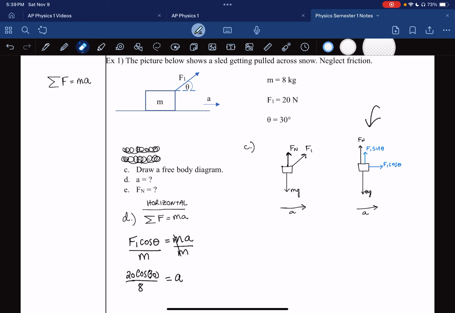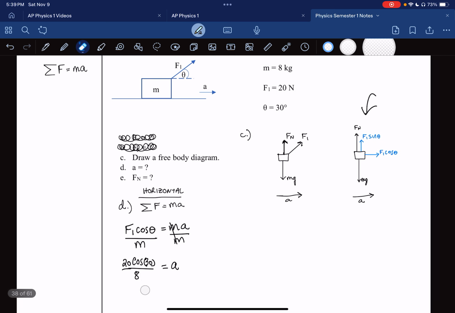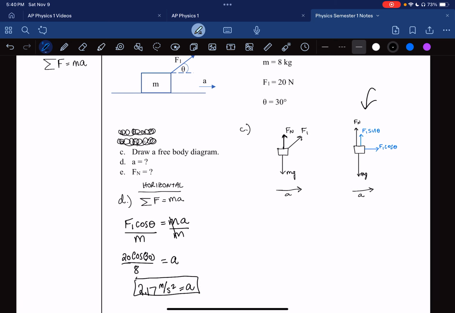Pull up my calculator here, 20 cosine 30 over 8. I get 2.165. I'll say 2.17 meters per second squared. So that is the acceleration of the sled.